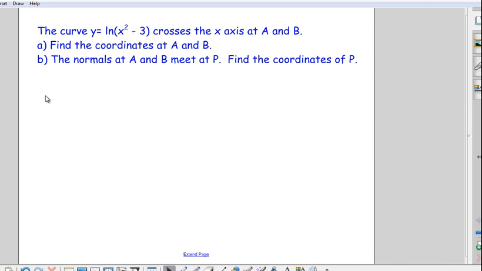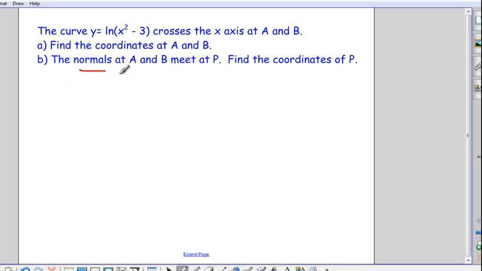Okay, so now we can do part B, which is to have a look at what happens to the normals of A and B where they meet at P. Well, before we can even worry about P, we're going to need to find the normals of A and B. So the first thing we're obviously going to have to do, as soon as you see the word normal or tangent, is we're going to need to differentiate this.